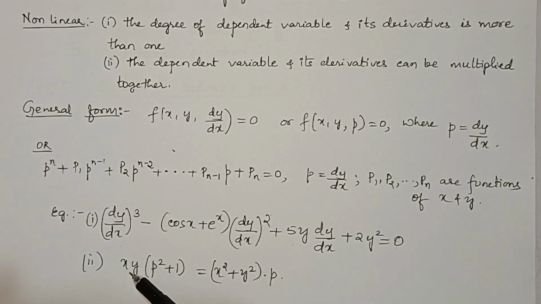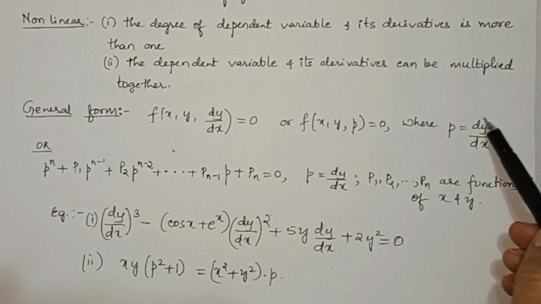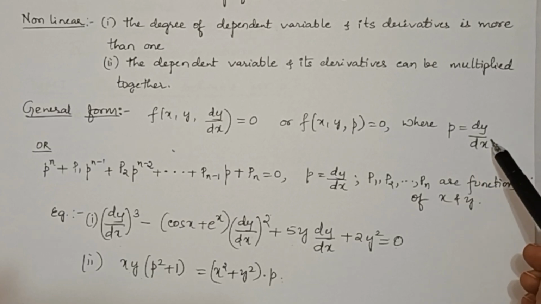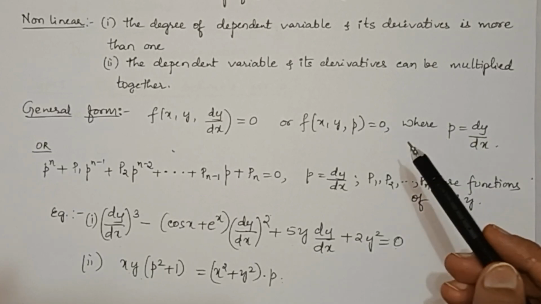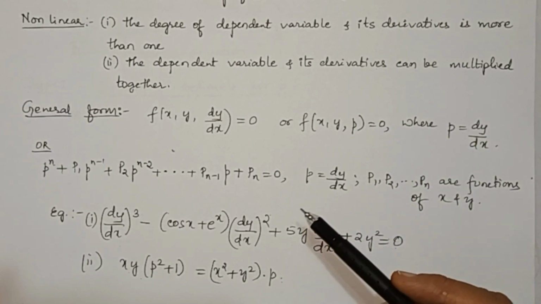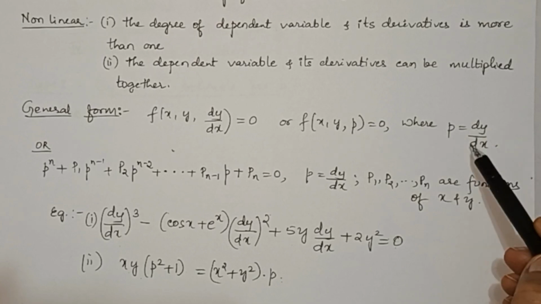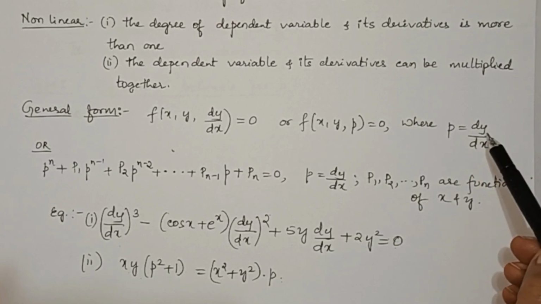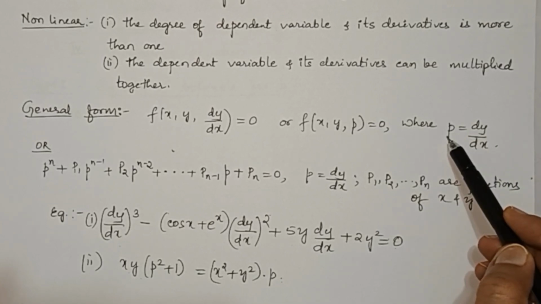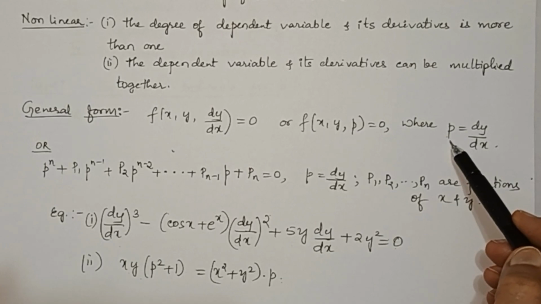Similarly, this one: xy into p square plus 1 equal to x square plus y square into p, where p is given by dy by dx. Just to make our simplification easier, instead of writing dy by dx every time, we replace dy by dx by p, then the equation will be in terms of p.